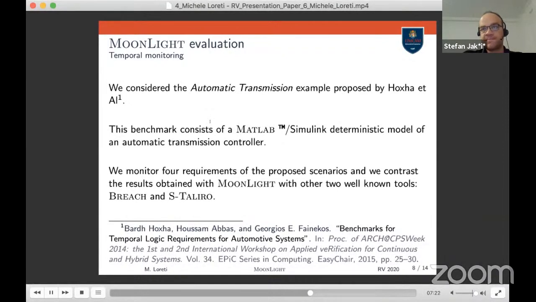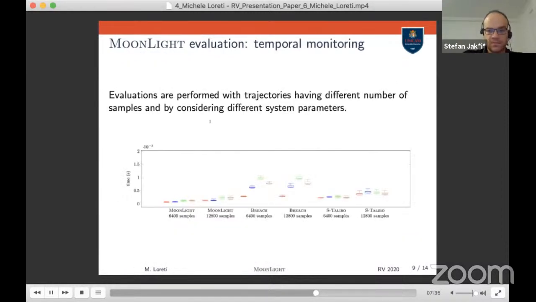We monitor four requirements of the proposed scenario, and then we contrast the results obtained with Moonlight with the other two well-known tools, that are Breach and S-TaLiRo. These are the results of the evaluation, and you can see that Moonlight works quite well and at the same level of the other two tools, and in some cases Moonlight performs better.